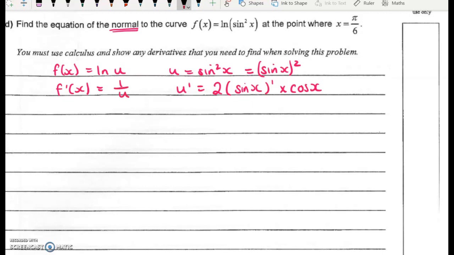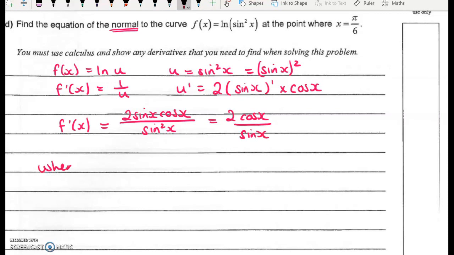So if we then put that back together, then we get that f dash of x is equal to this thing times this thing. So we've got the 2 sine x cos x over u, which was sine squared x. So one of those sine x's will cancel out, so we get 2 cos x over sine x.